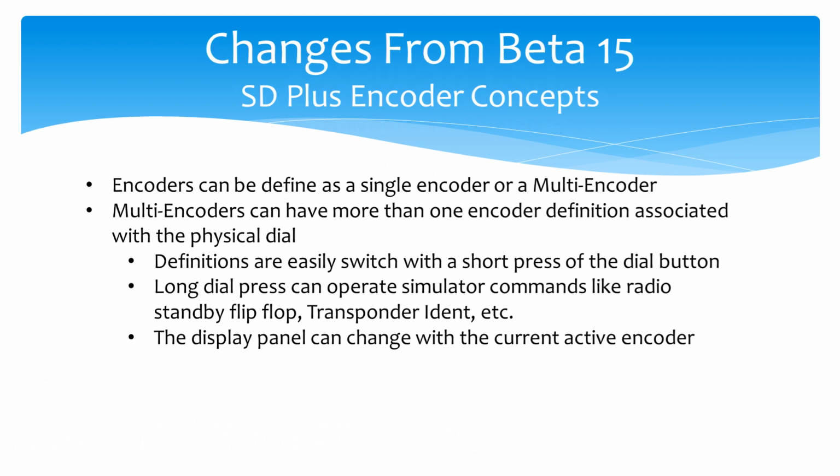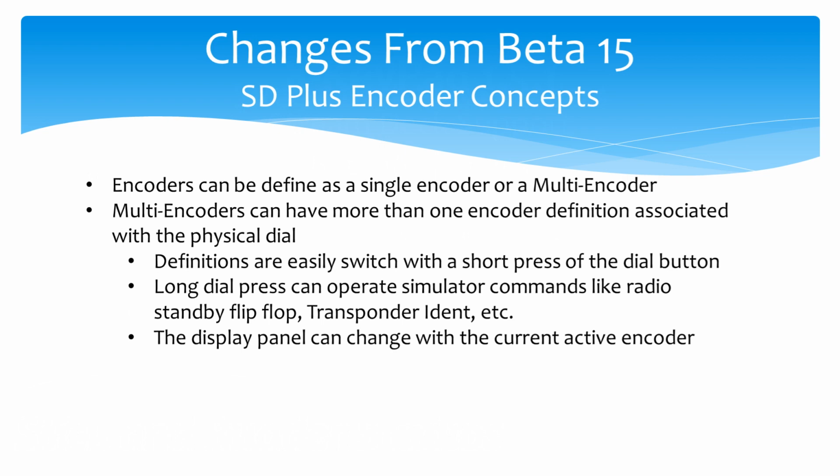Maybe you wanted to change the Omni bearing selector on the 172, something where maybe you don't use it all that often, and quickly being able to switch between these encoders lets you do that without having to change pages on the Stream Deck.